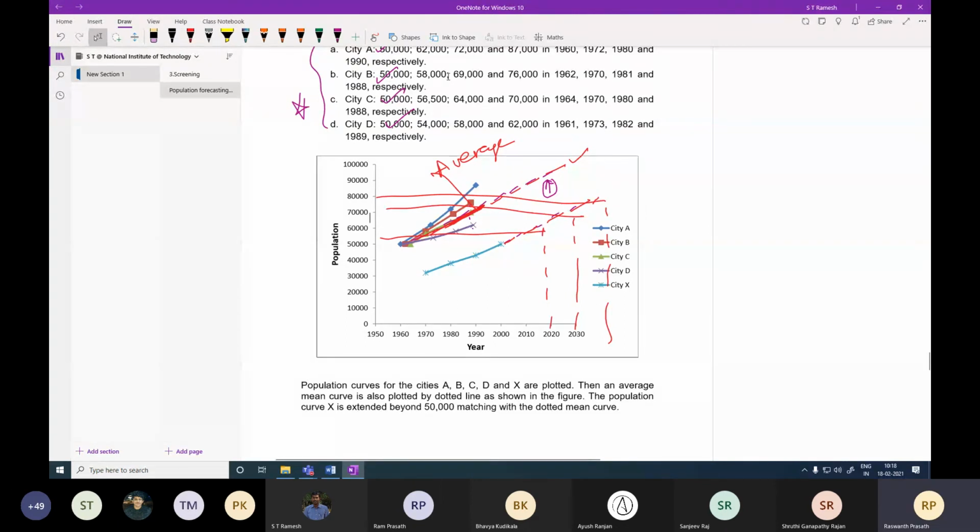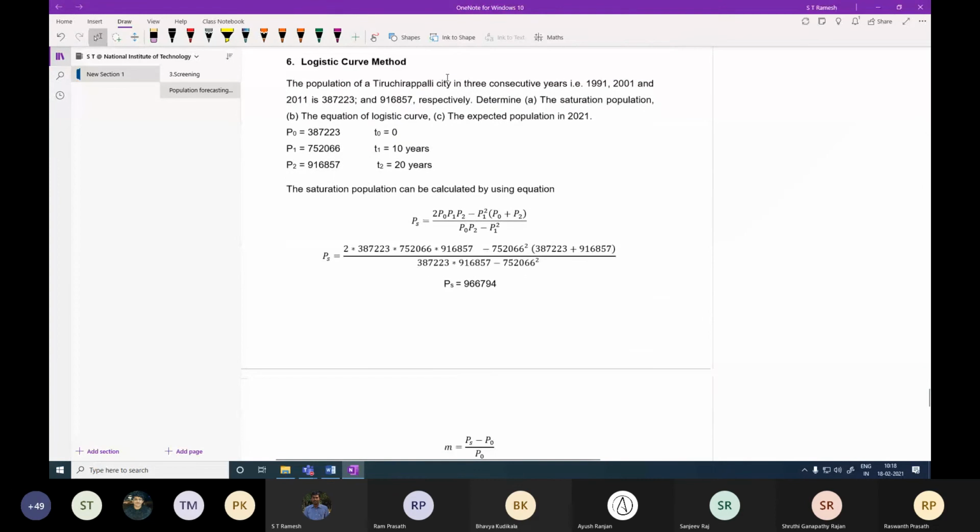Yes, sir. Okay. Then the last one is the logistic curve method. This is actual; you need not look into a direct substitution of formulas. Tiruchirappalli city has already been given, same data. So P0 we know, P1 is the next decade, and P2 is the next decade, and T0 is equal to 0, T1 is equal to 10, T2 is equal to 20 years.